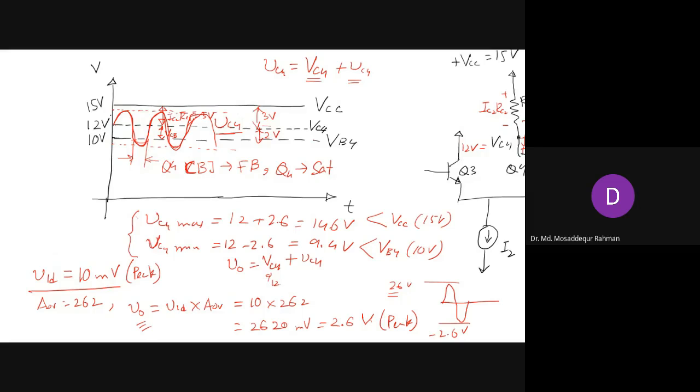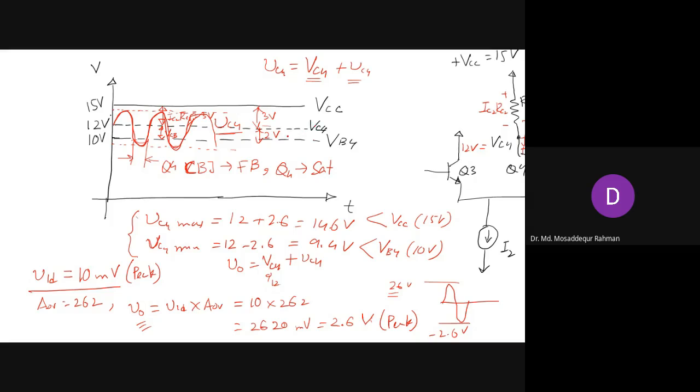And of course, for any output, we want it symmetric, the equal amount of swing in both directions. Otherwise, the signal will be distorted, right? So the margin that we have, the lower one will determine the maximum swing that we can have for the output signal.